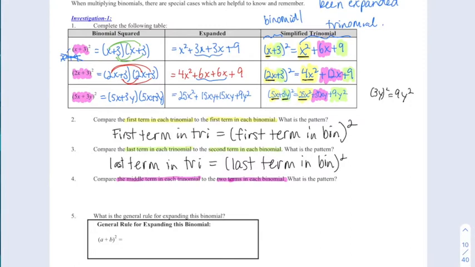So, for example, this middle term is x times 3 times 2, which is 6x. This middle term is 2x times 3, which is this term and this term, multiplied by 2.